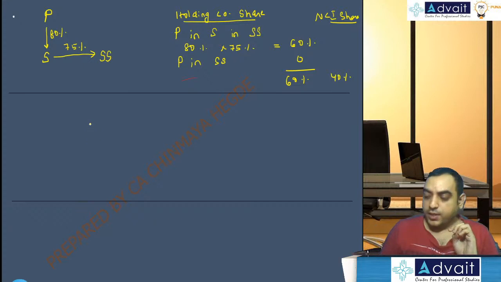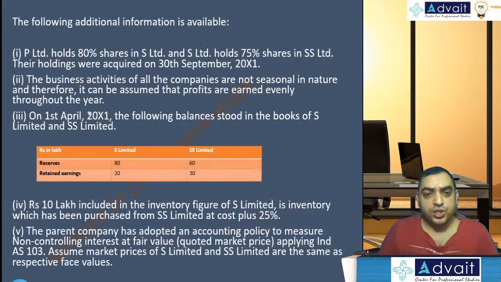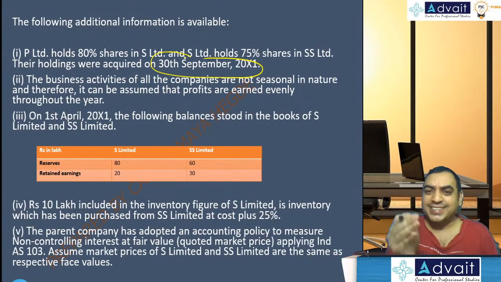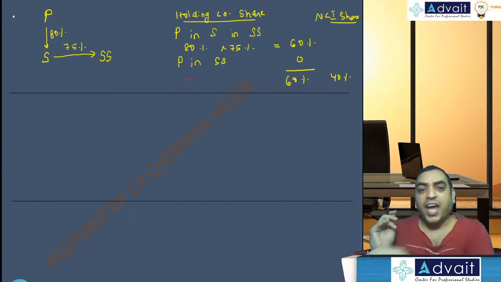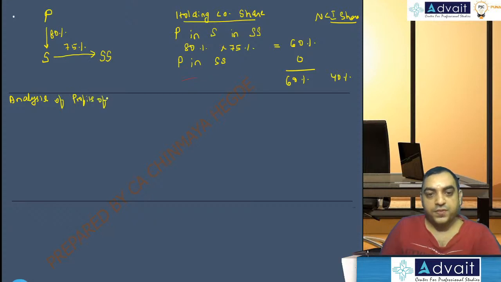That is one part. Then we have the concept of acquisition taking place during the year. Acquisition took place on 30th September, exactly 6 months. So we have to analyze the profits. Let us write analysis of profits of two companies.